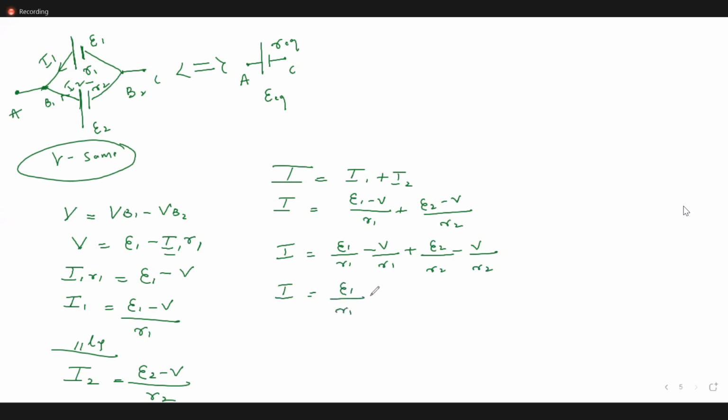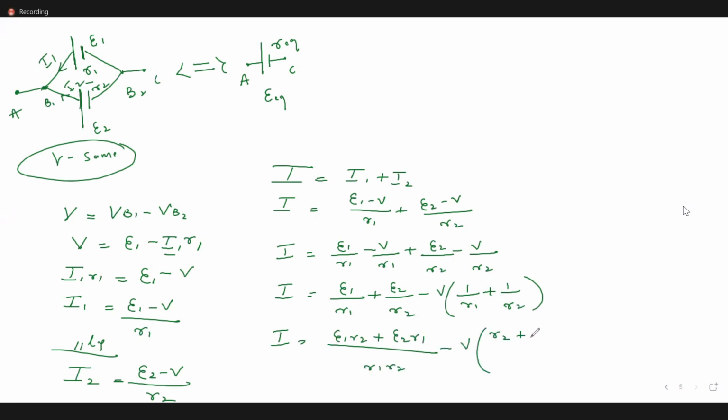E1 by R1 plus E2 by R2, minus V as a common factor, then 1 by R1 plus 1 by R2. Okay, so let me take the LCM. So (E1 R2 plus E2 R1) divided by R1 into R2, minus V, (R2 plus R1) divided by R1 into R2.